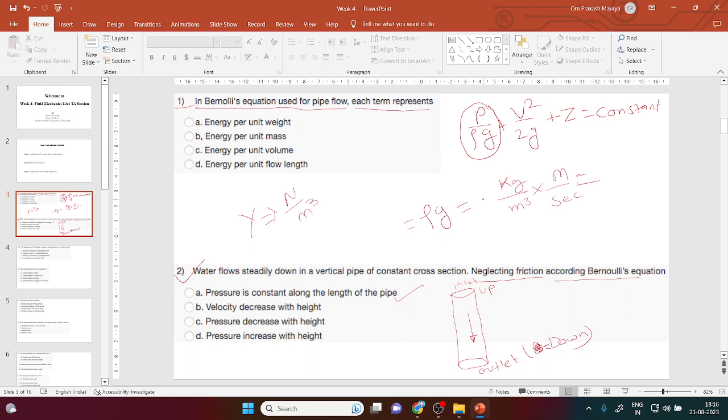This question is very basic. If you go through the basic concept of how water flows and how pressure is responsible for the water flow, then you can easily get this answer.